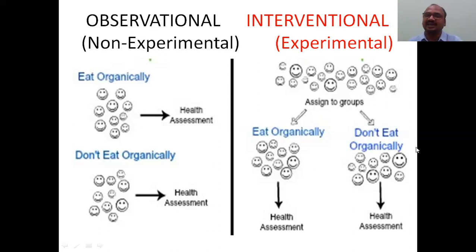Like that, I divide. I will give the food which I have brought with my investment, and I will do the health assessment here also, and here also. Finally, we can conclude whether organic food is correct or inorganic food is correct, which is right, and whether organic food is really healthy food or not.